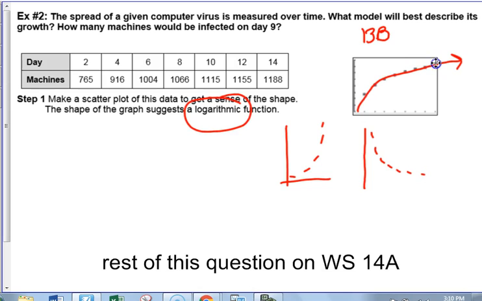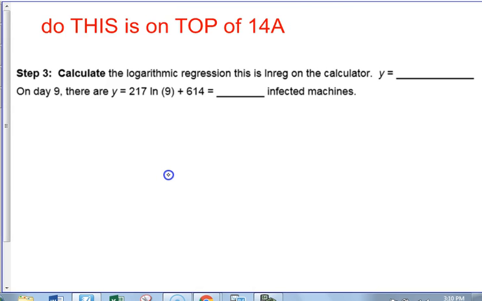This is logarithmic, which is the ln regression on your calculator. So can you try that and find that one? And now I'm going to flip over to the top of 14a. It says calculate the logarithmic regression, which is the choice that says LnReg.